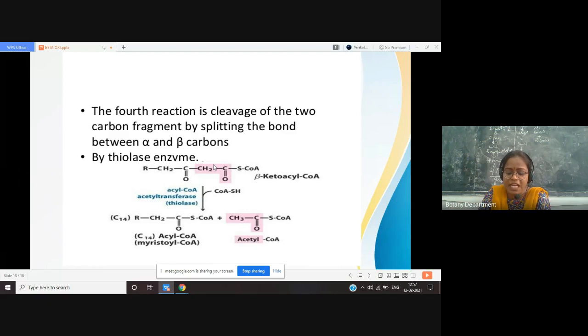Between the alpha and beta carbon, the bond is broken in the fourth step. Here, the enzyme is thiolase, also known as acyl CoA acetyl transferase. Thiolase helps in the cleavage of beta keto acyl CoA into acyl CoA and acetyl CoA.